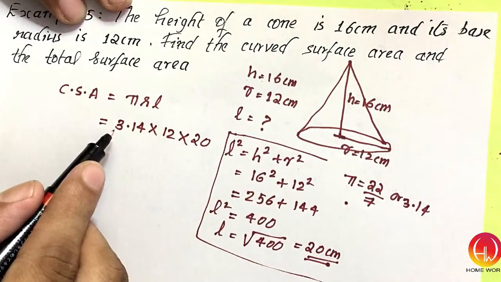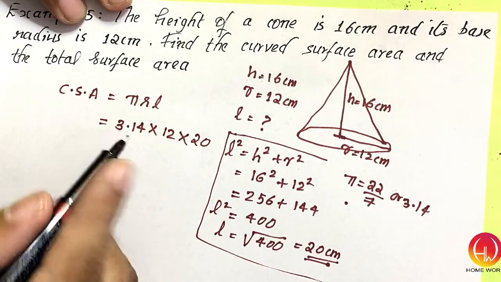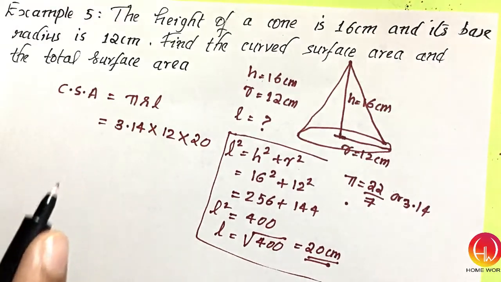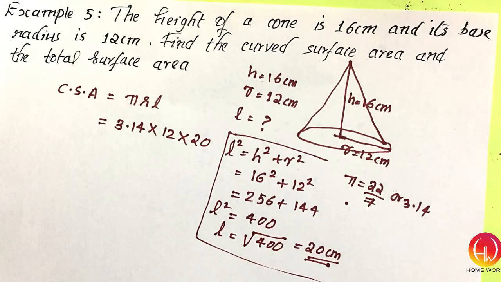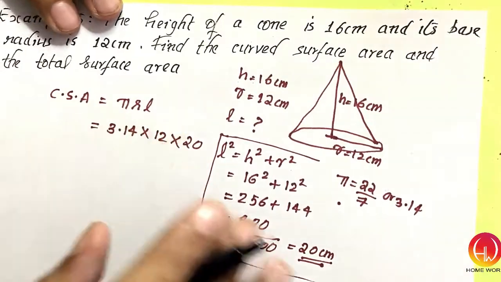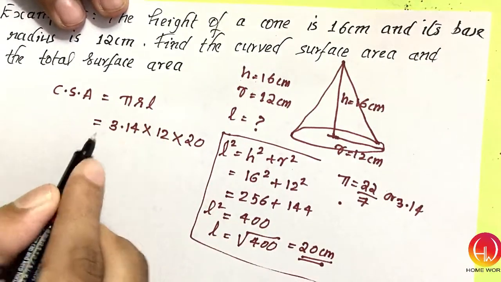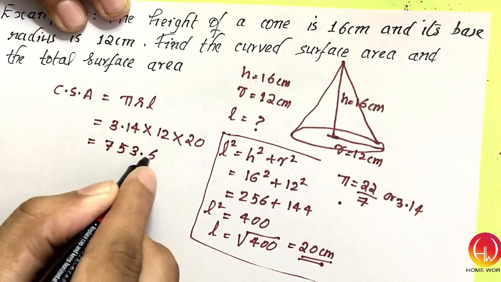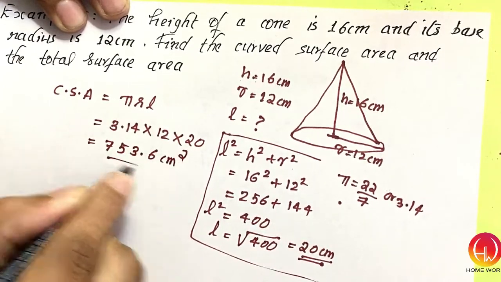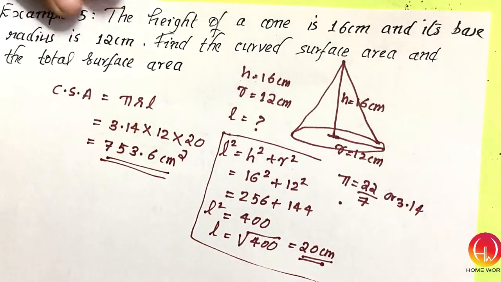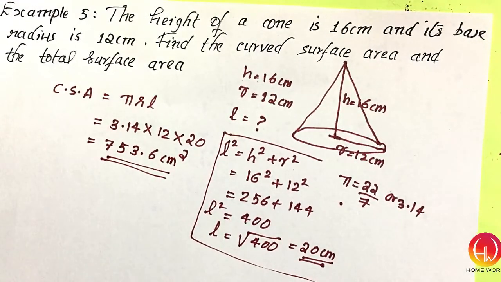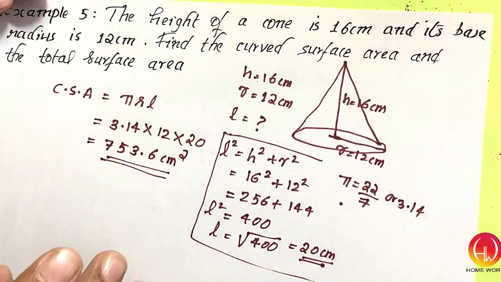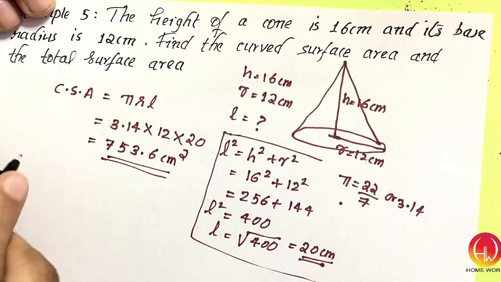That's why we are using 3.14. Then 3.14 into 12 into 20, if you multiply it, you will get 753.6 cm square. So the curved surface area of the given cone equals 753.6 cm square.